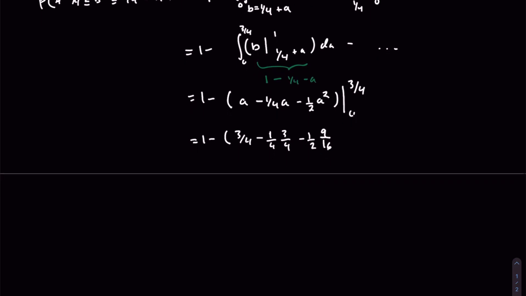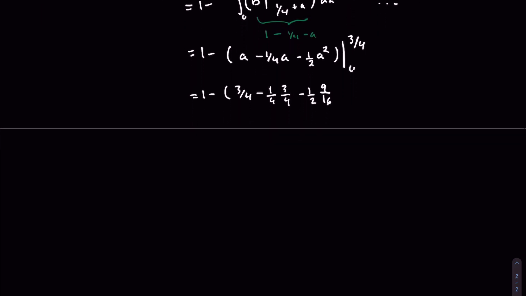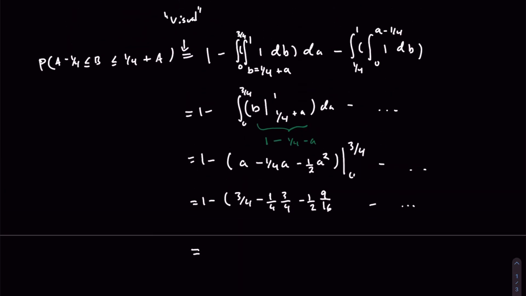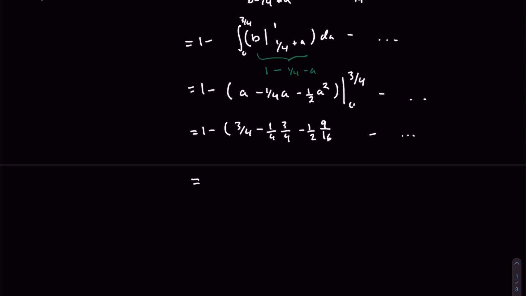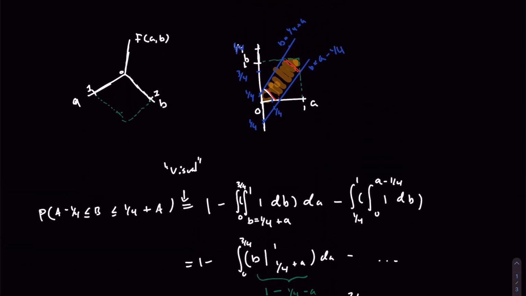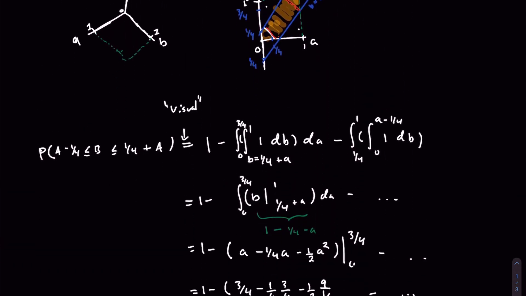Yep, that looks correct. Just double checking it. And now we have the minus dot dot dot minus dot dot dot. So that's the other integral here. That should have the exact same area because of the symmetrical properties of these triangles.